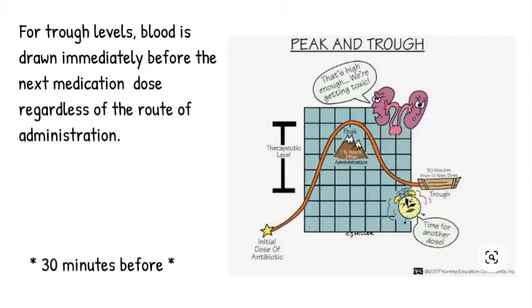Failure to monitor a vancomycin level can result in long-term and irreversible renal damage. So you can have kidney damage from not monitoring the peak and trough, especially on a medication like vancomycin, which is given in the hospital all the time.